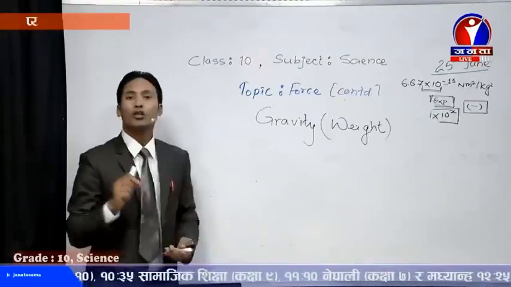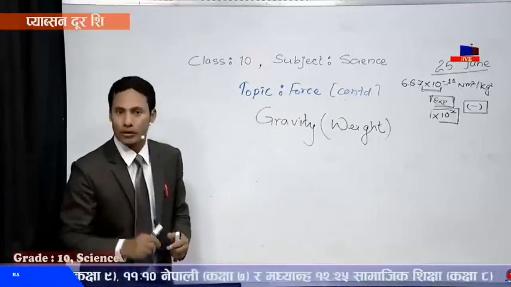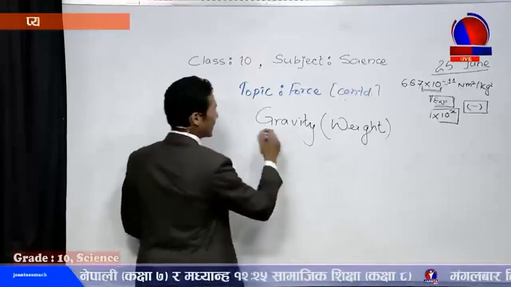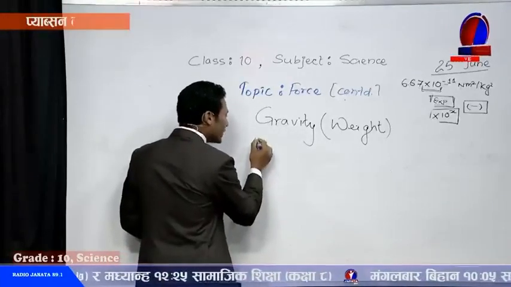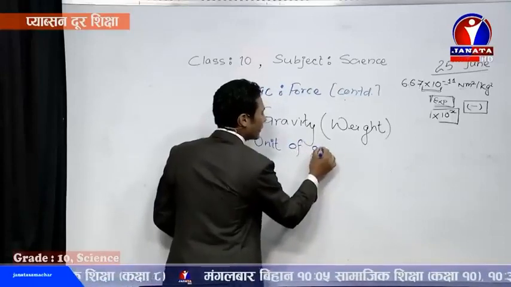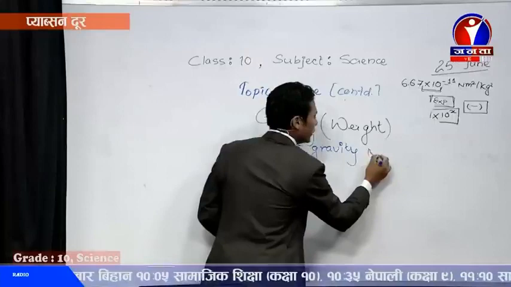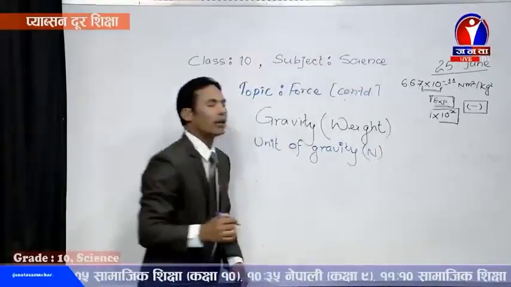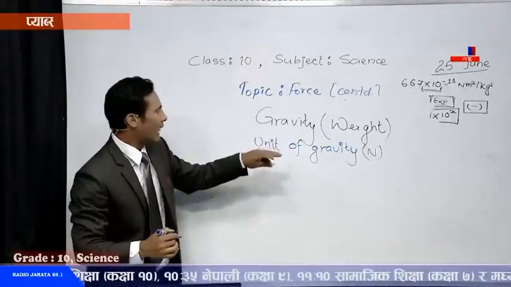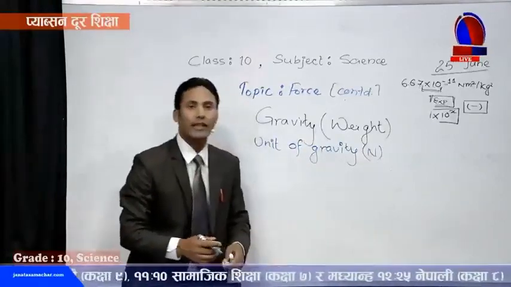That's why the unit for gravity or weight is Newton. So what is the unit of gravity? The unit of gravity is Newton. Weight and gravity are similar things, so the unit of gravity is the Newton.